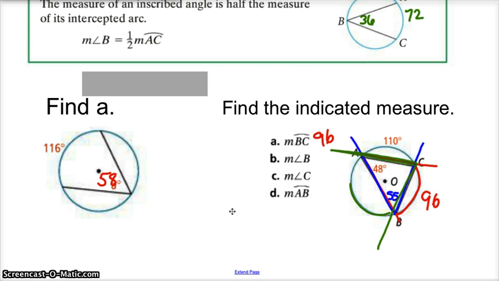And so its intercepted arc is AB, which happens to be what we're asking in letter D. We know that all the way around a circle is 360. And if we know that this portion of the circle is 110, and this other portion is 96, I can subtract from 360 to figure out that what's labeled in green is 154. So angle C must be half of that, which is 77.